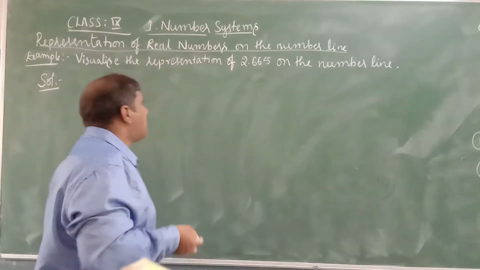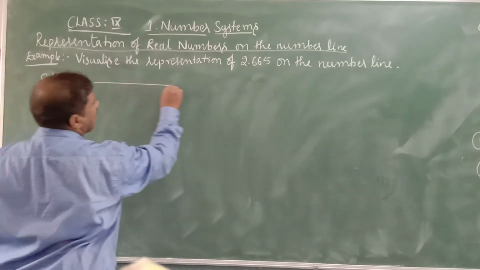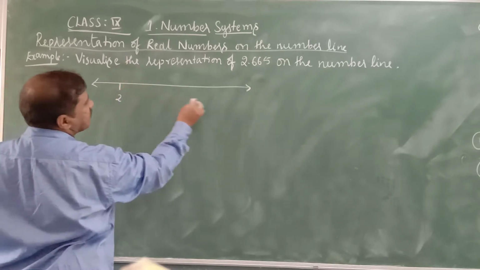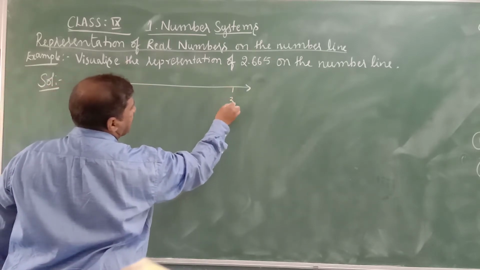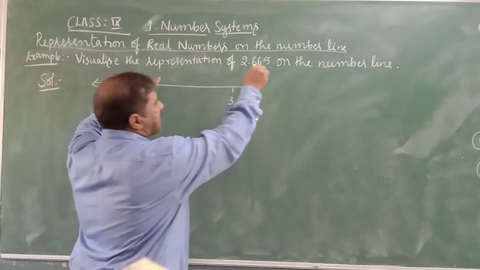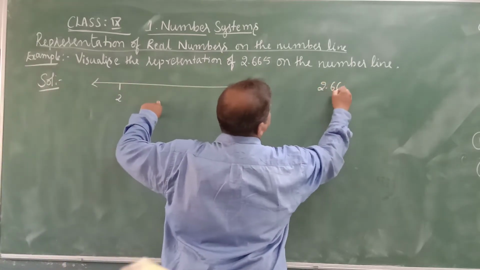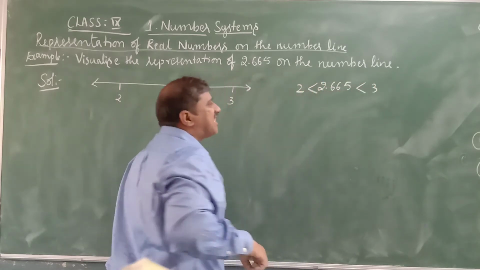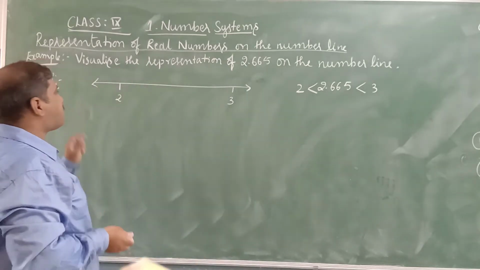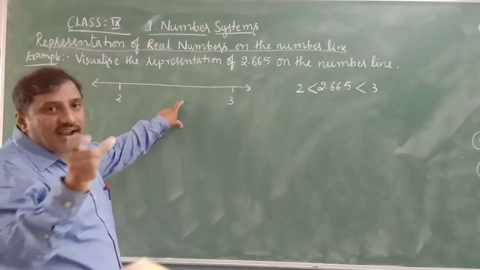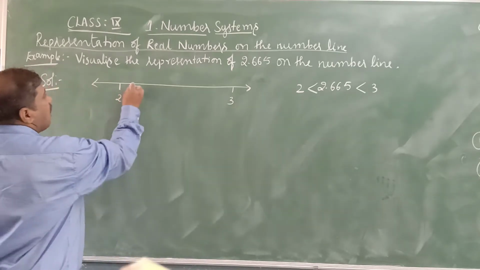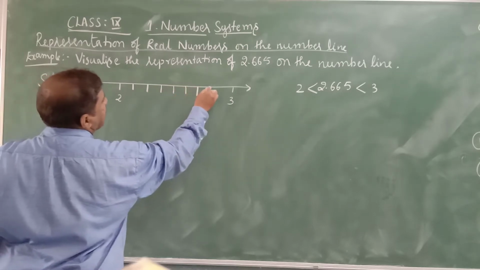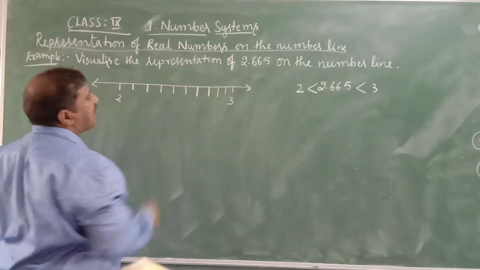Now the first step is to represent 2 and 3 on the number line. As 2.665 is less than 3 and greater than 2, it lies between 2 and 3. Now the space between 2 and 3, divide it into 10 equal parts: 1, 2, 3, 4, 5, 6, 7, 8, 9 and 10.